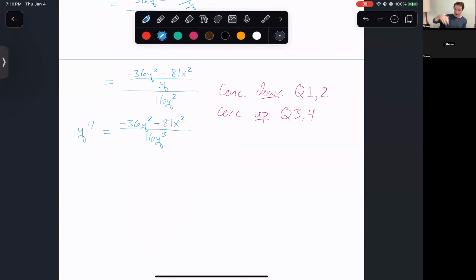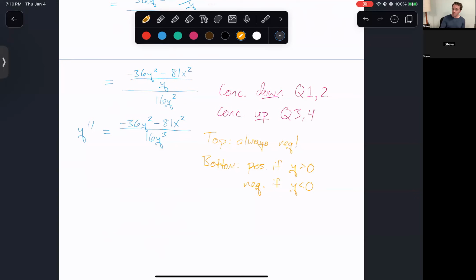So the top is always negative. That means that the positivity or negativity of the second derivative will depend entirely on the bottom of the fraction. The bottom is positive if y is positive, but it's negative if y is negative.